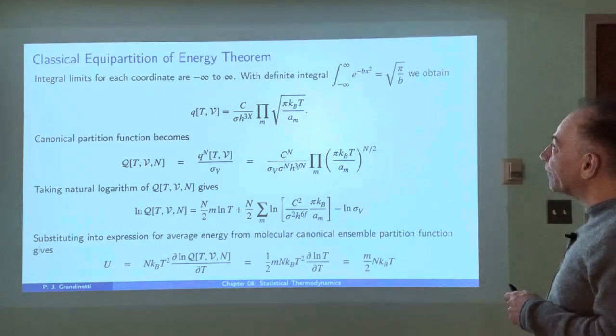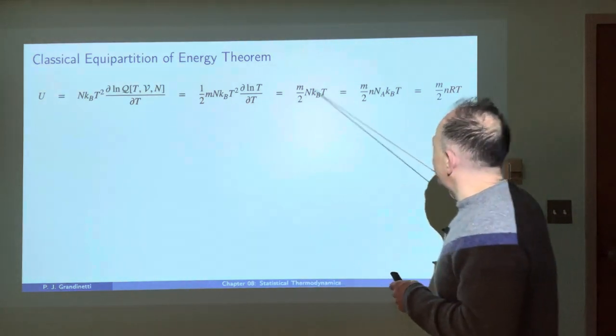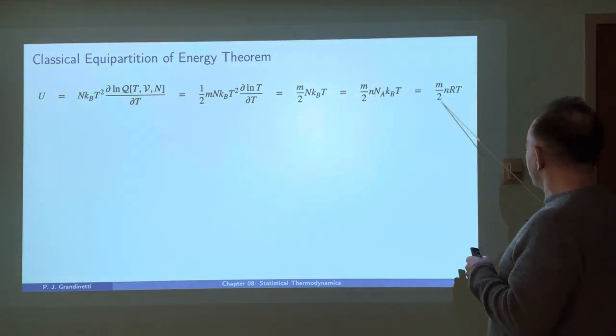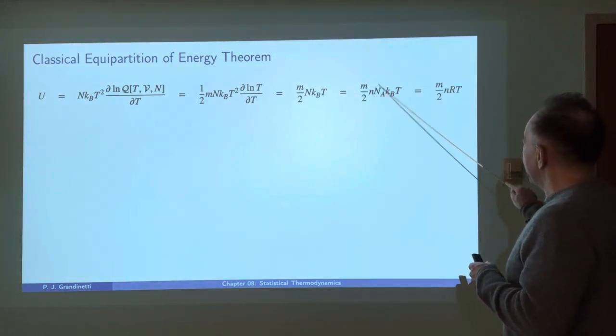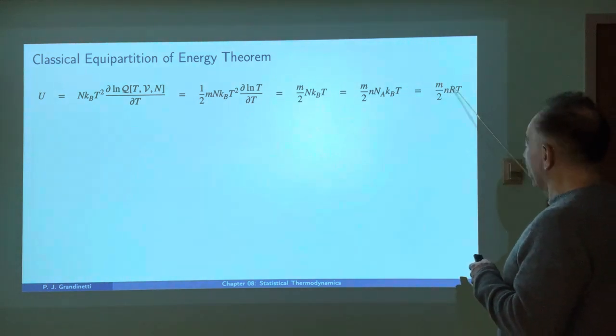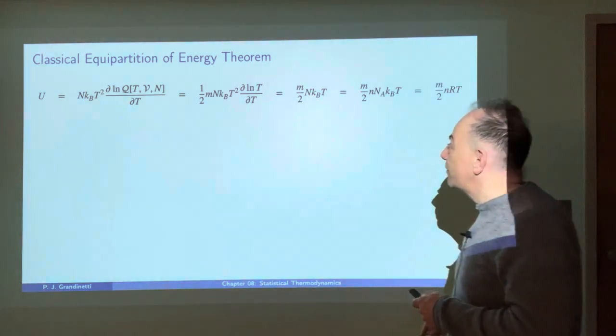All right? So now we take that expression, and I'll convert this into the number of moles times Avogadro's number, and this becomes the gas constant. So now the energy becomes m/2 nRT for the prediction from the classical equipartition of energy theorem.